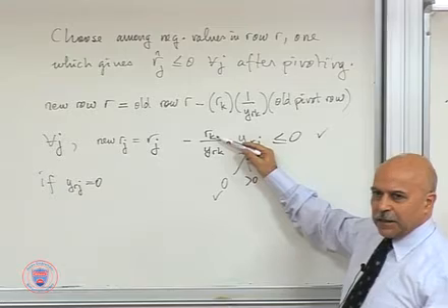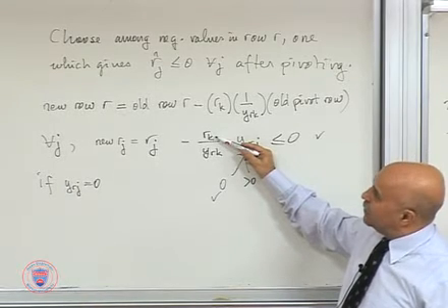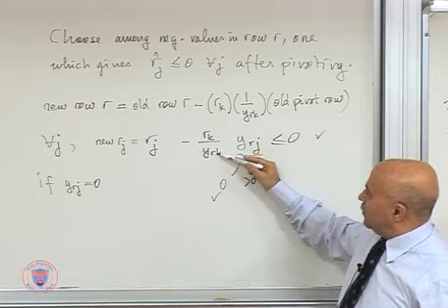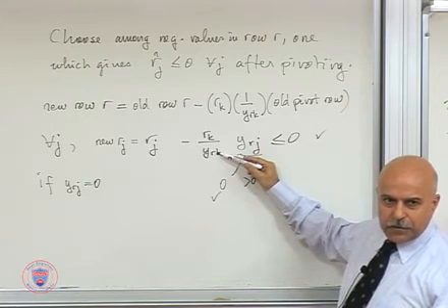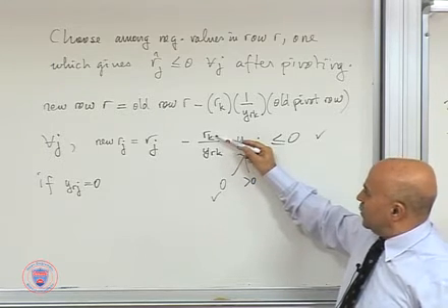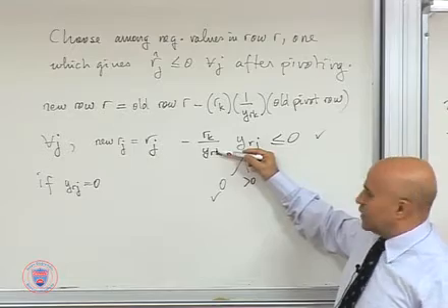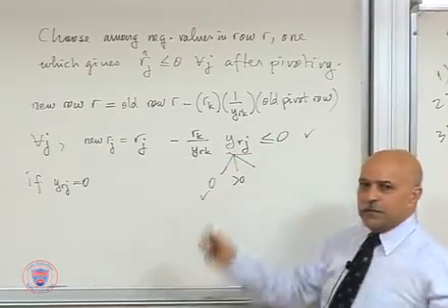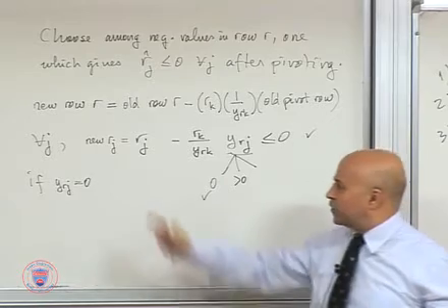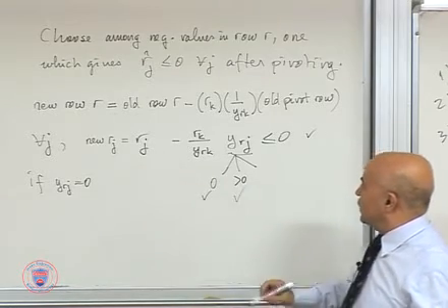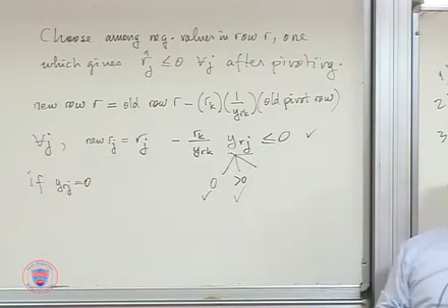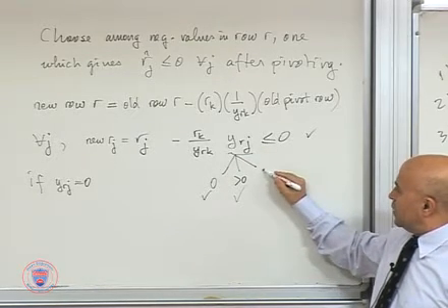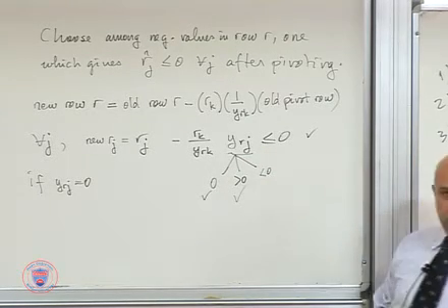Why? Yrk is less than 0 because we picked a negative number. So negative divided by negative, that's positive. There's another positive here. So the whole thing is positive. So you're subtracting something positive from the old value, which means that you still maintain the inequality here. The only case that will cause problems is the case when this is less than 0.